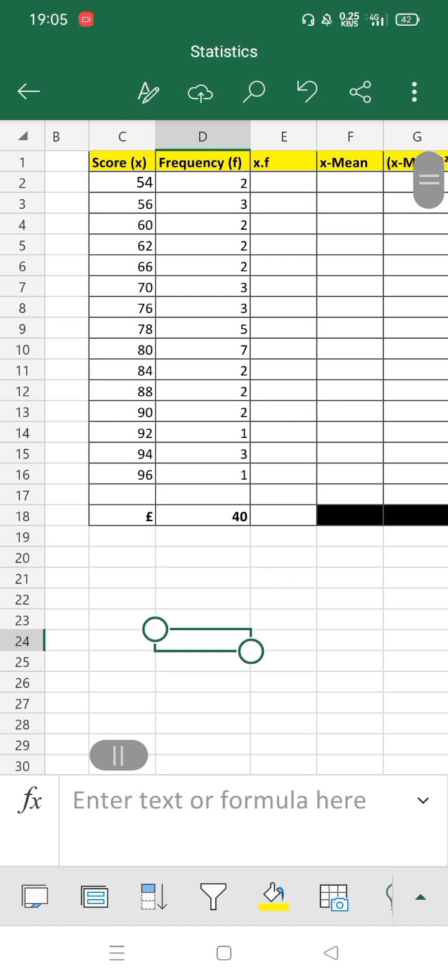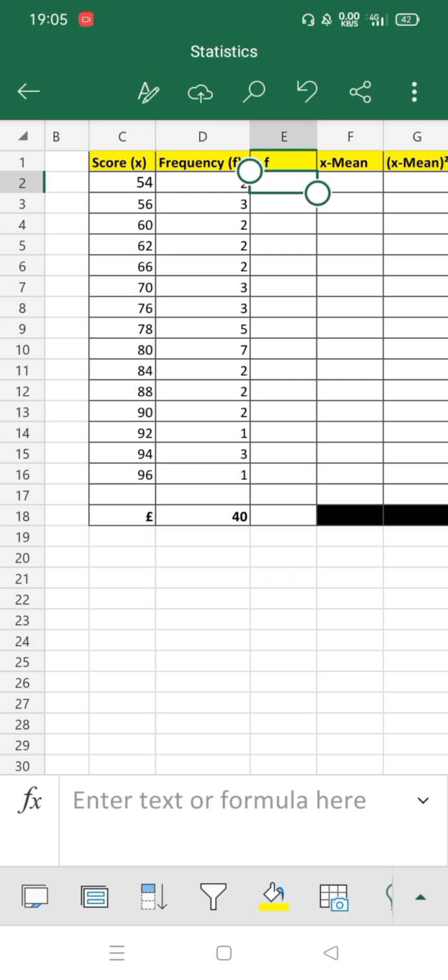The next thing we have to do is x times frequency, or you can say score times frequency.